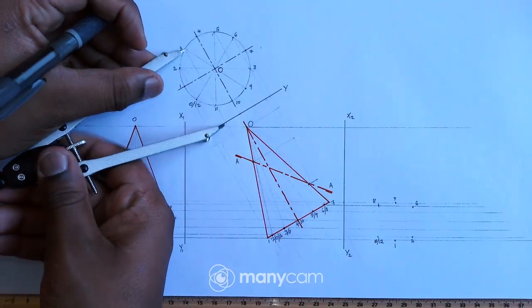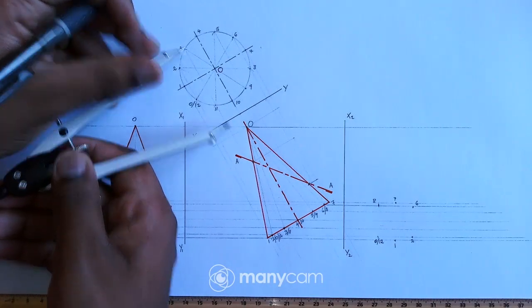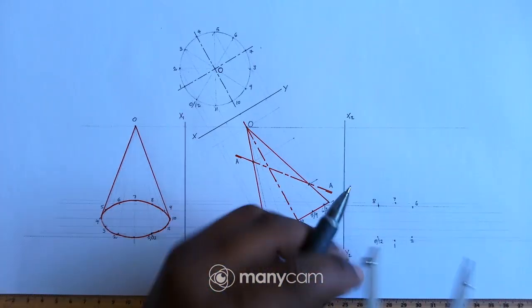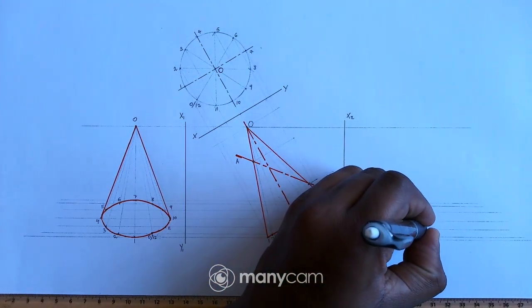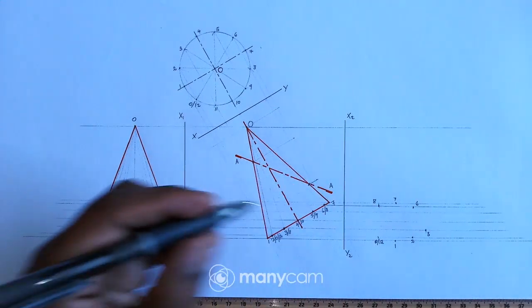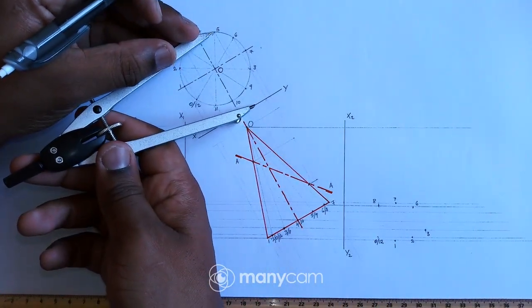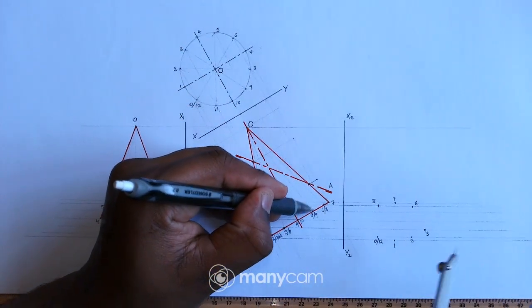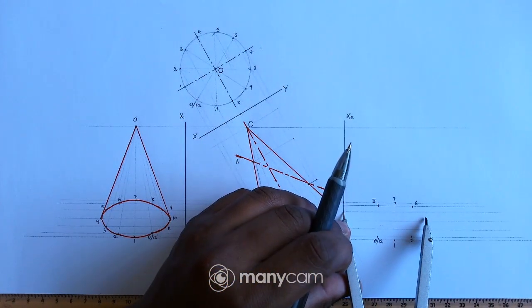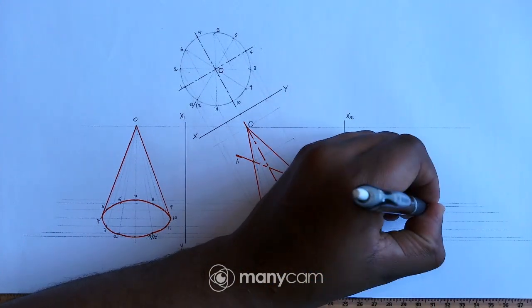Okay, I move to 3. Okay, 3 is there on this line. I'll mark there. Point 3, 3 and 5, the same distance, so I'll just mark that point as well. 5 is there on this line, so I'll just mark the point.